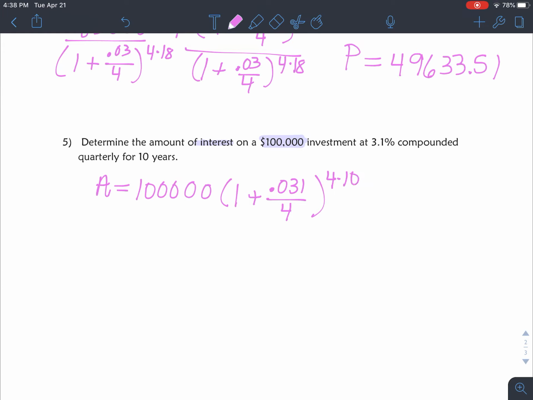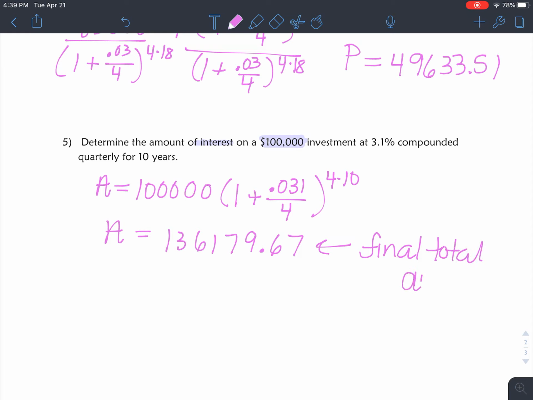Now, let's see, pause, figure out your final amount. I got $136,179.67. This here, that's my final total amount.